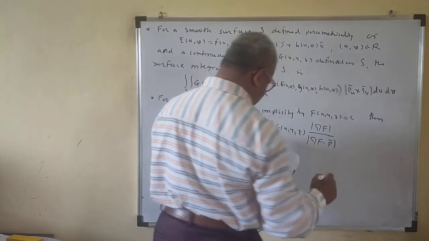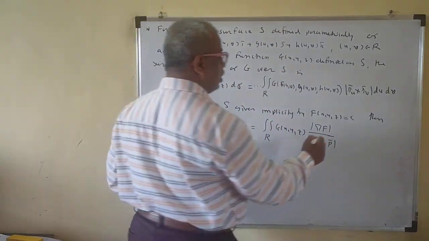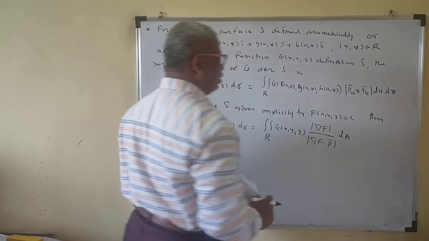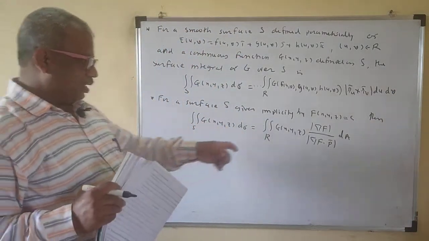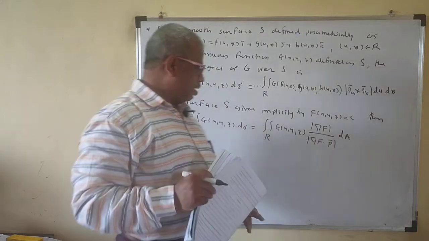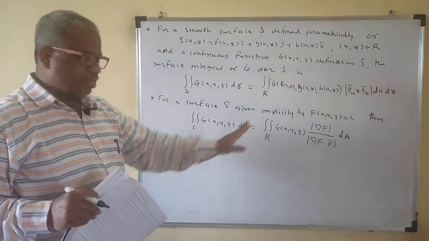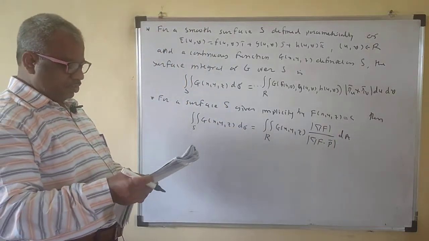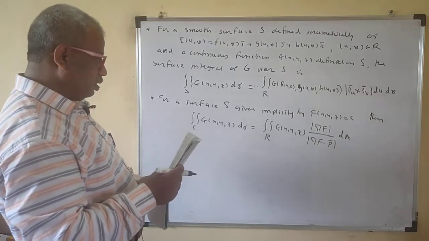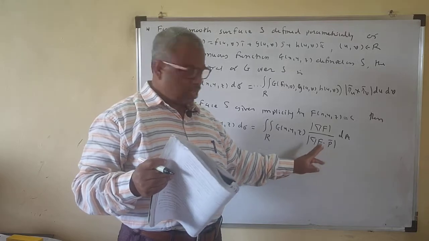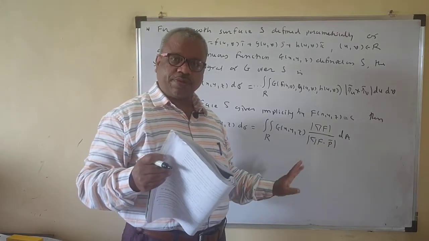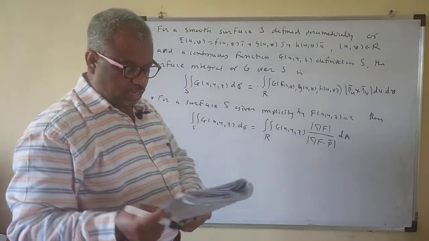P bar may be written as N bar also. This is dA, which means dx dy or dy dz, whatever depends on x y z now. Here p bar is the unit normal vector, and this dot product should not be 0. That is the condition.